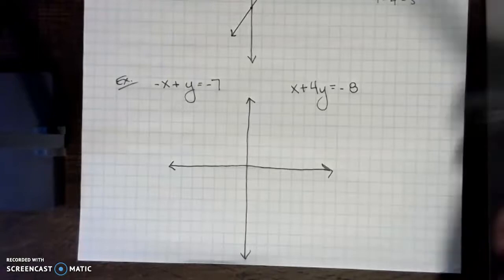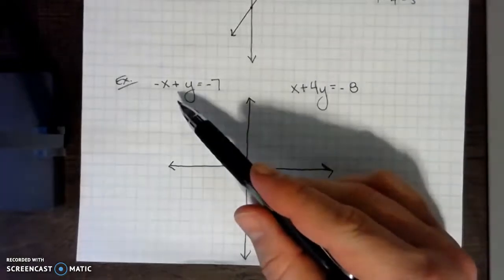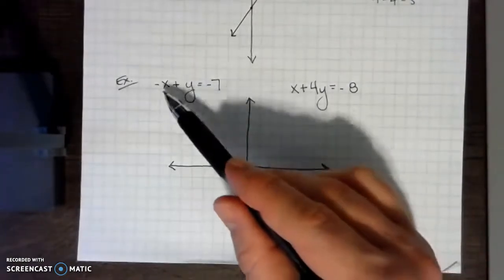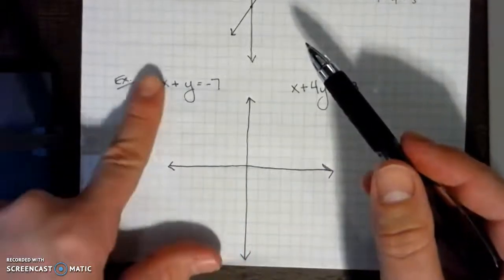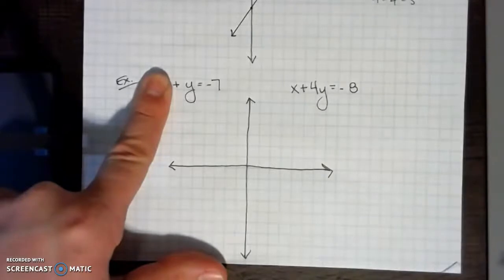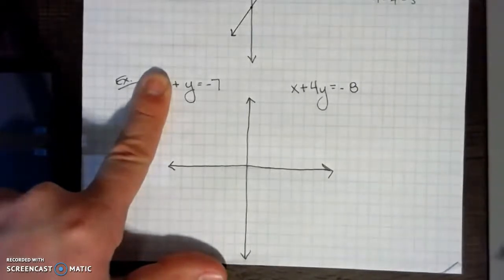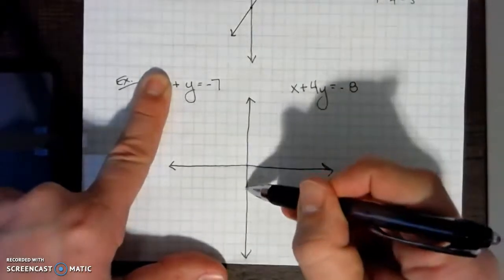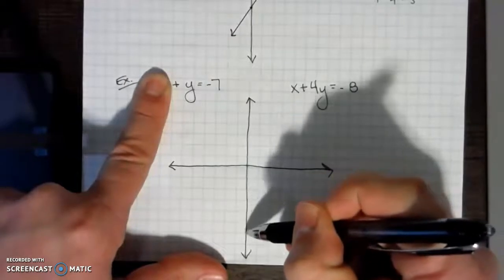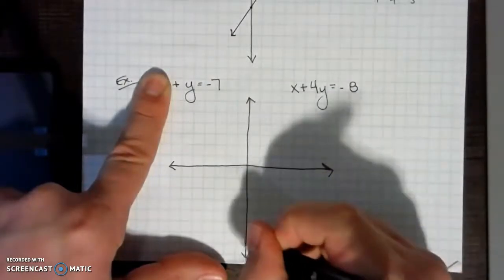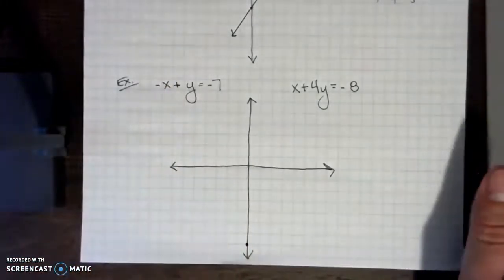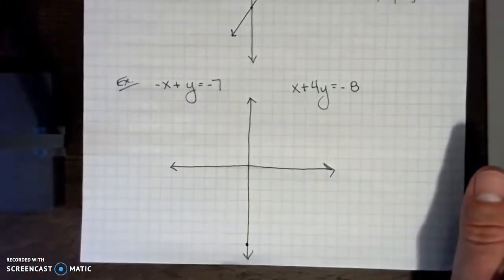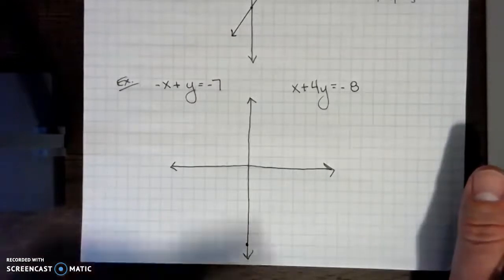So if we look here at the first one, I can always find my y-intercept by plugging in 0 for x. So if I plug in 0 for x, what happens? It disappears. So what's my y-intercept? Well, negative 7. So come down 1, 2, 3, 4, 5, 6, 7. And if I want to know my x-intercept, I plug in 0 for y. So what happens to the y?